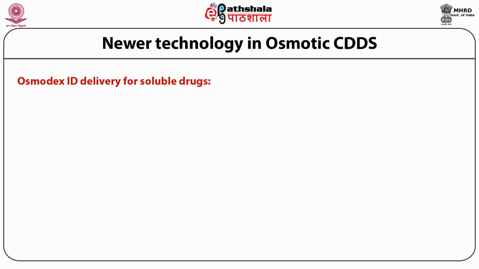That was about Osmotics ID delivery for insoluble drugs. Now, this is again an oral controlled osmotic active drug delivery system, and it is basically designed for water soluble drugs.